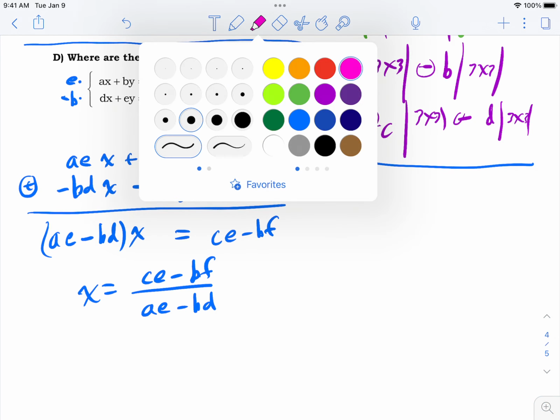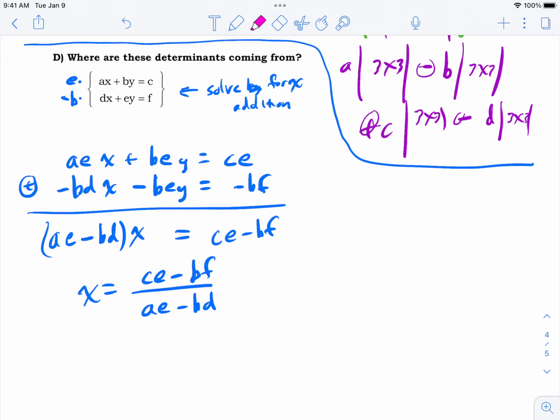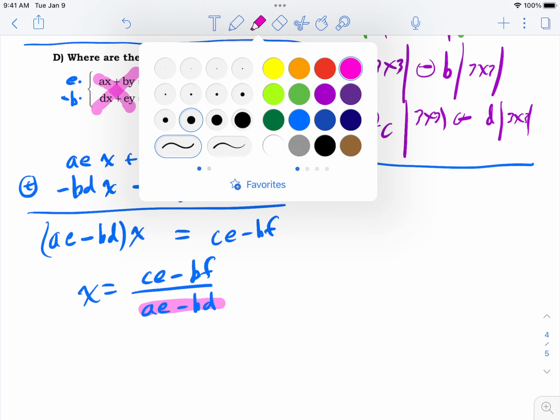Well, this Cramer guy invented the determinants by saying, what is this? AE minus BD. Oh, for goodness sakes, that's going like this. AE minus BD. Hey, cool, right? AE minus BD. And then you look again, and let's get a different color maybe. What's a good color? I'd do this one, I guess.